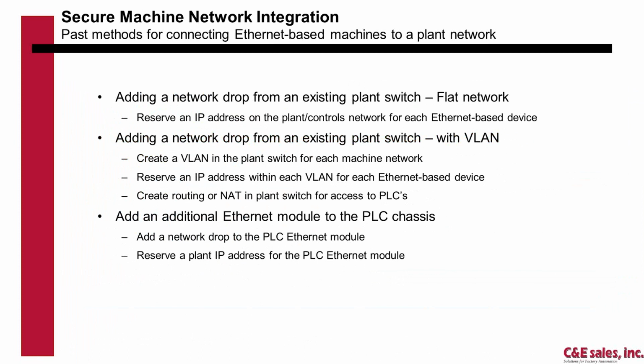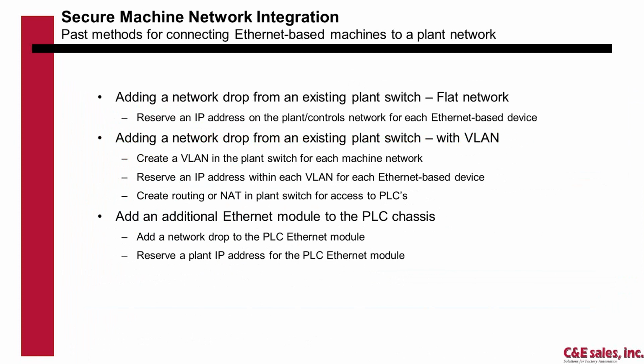Now all the field buses have essentially moved into an Ethernet-based field bus. So now all of these devices would be connected up to a plant switch. This was what we would call a flat network, and flat means everybody can see everybody. We would just connect up to a plant switch. It was pretty inexpensive, and we had connectivity.